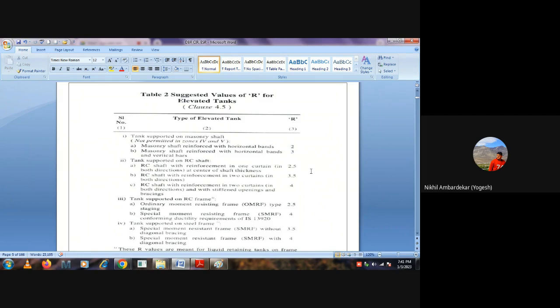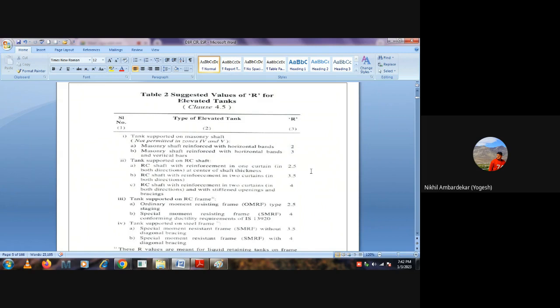Number 2, tank supported on RCC shaft. Again there are A, B, C conditions. First, RCC shaft with reinforcement in one curtain in both directions at the center of the shaft thickness. Is it the case?